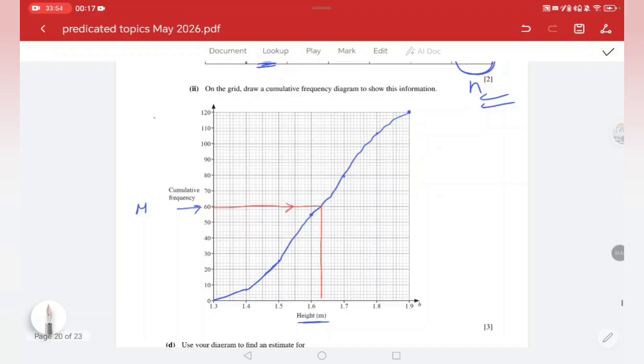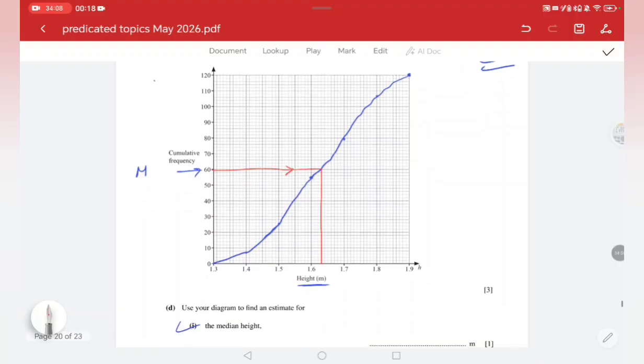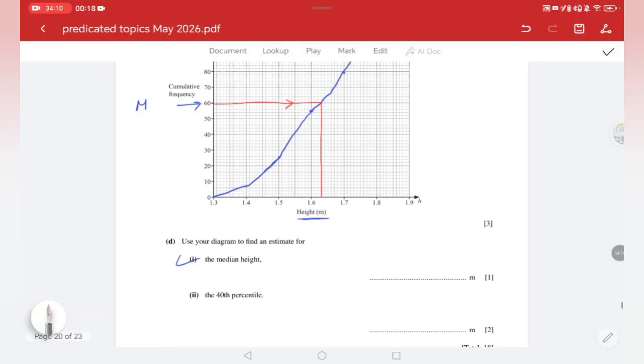You will find that this one is approximately 1.62, or 1.63. What else?